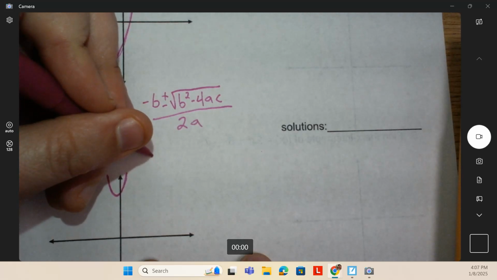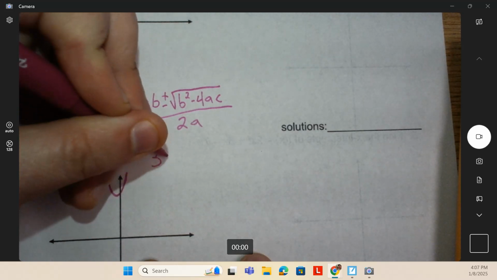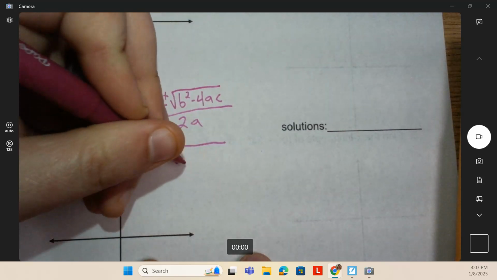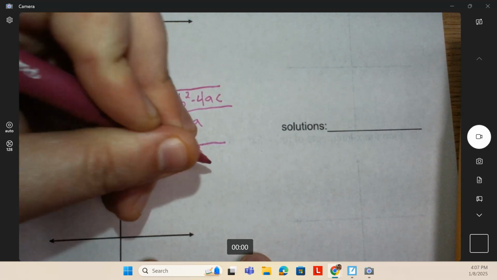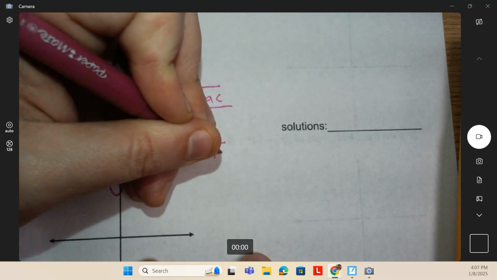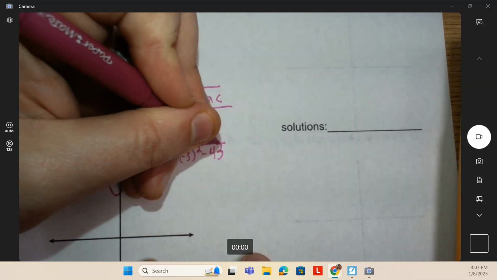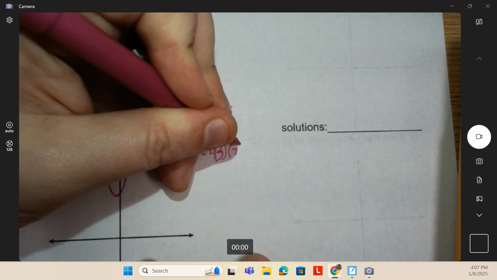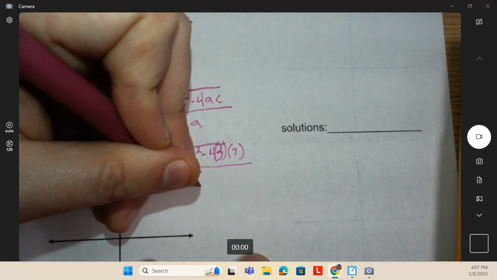So a negative 3 changes to a positive 3, plus or minus the square root of negative 3 squared minus 4 times a, which is 3, and c, which is 7. All that over 2 times 3.